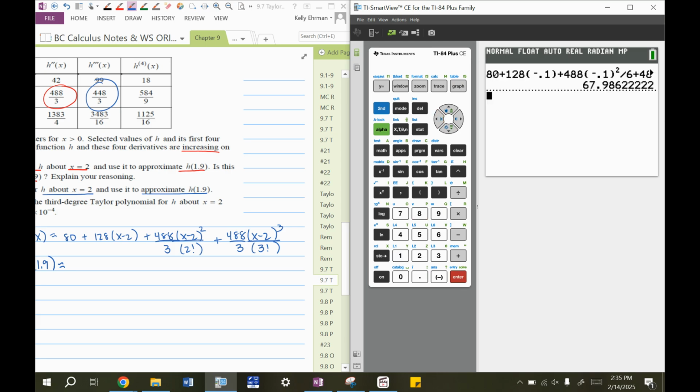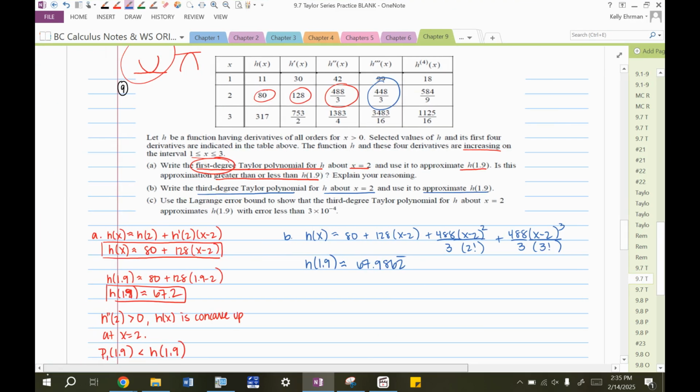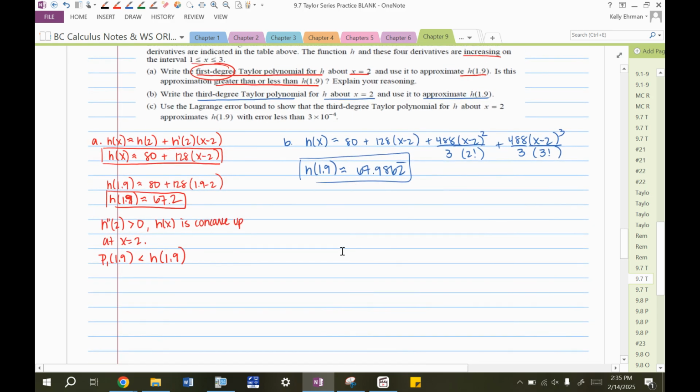So I'm getting 67.986 repeating. And I might have had a typo in there somewhere. I have a slightly different thing on my key, but anyway, close enough.